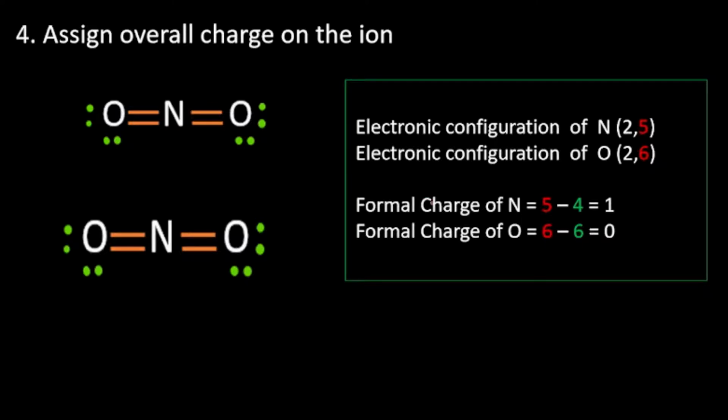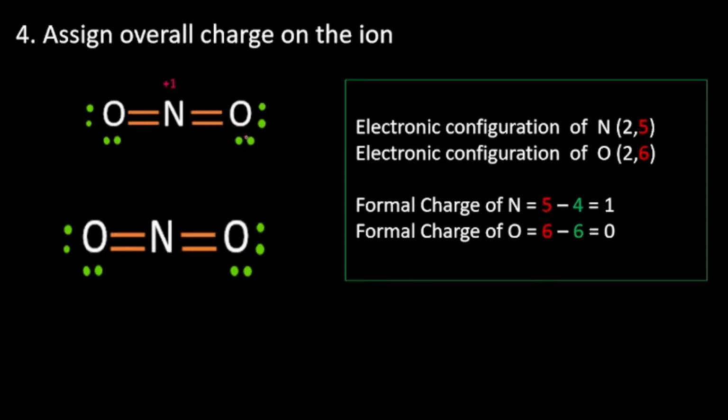So its formal charge will be equal to 5 minus 4. 5 is the number of valence electrons and 4 is the number of electrons assigned to nitrogen in the Lewis structure. So its formal charge will be 1.